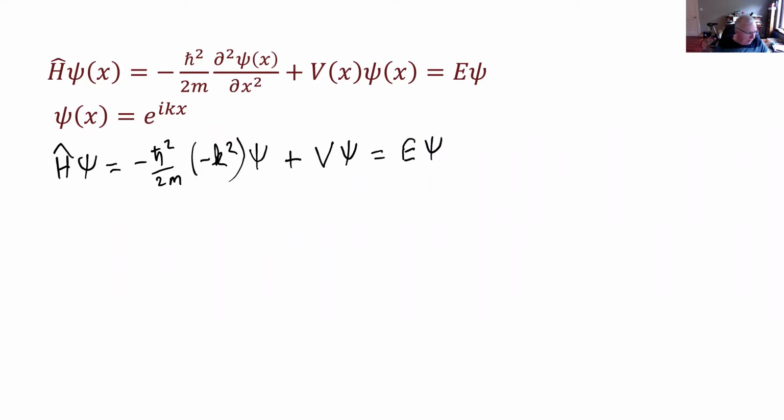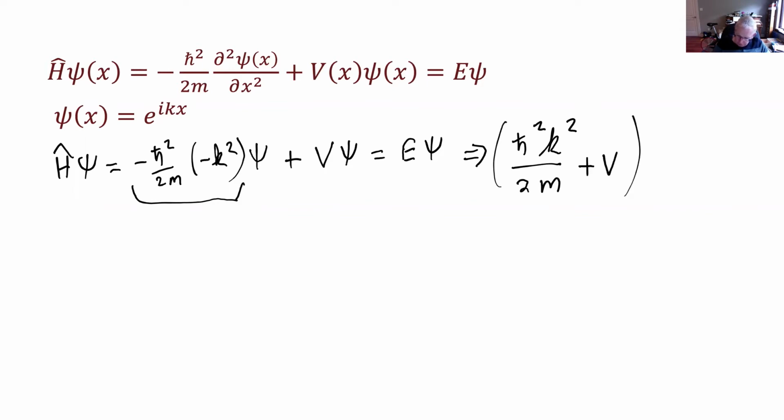If I take the term in the front and this part, the minus signs drop and this gives me h bar squared k squared over 2m plus V, all of that times psi, and that means this piece here is equal to my energy.